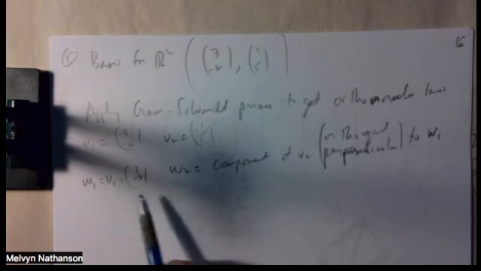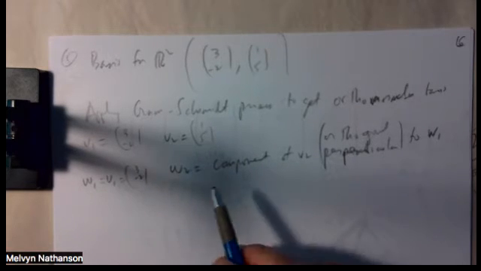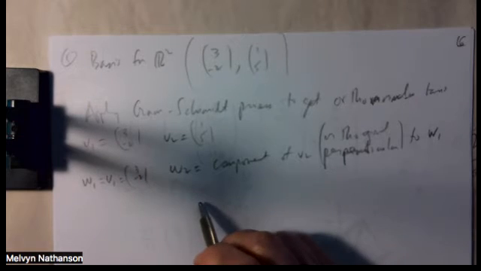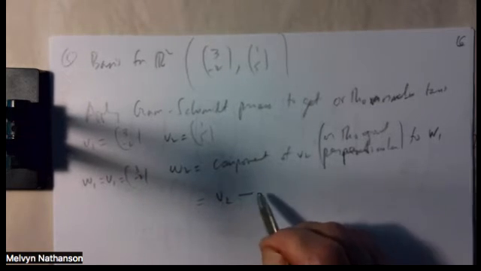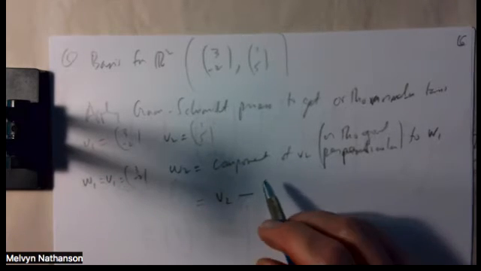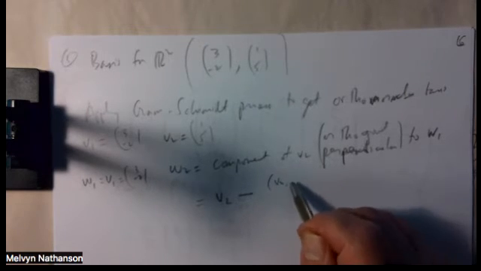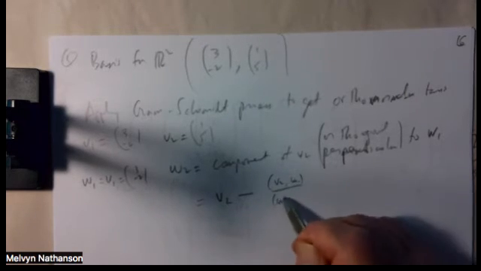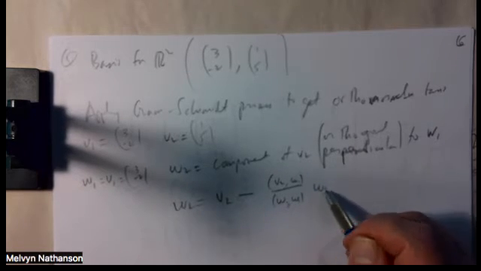It's the perpendicular component of V2 with respect to W1 or V1. So this is going to be equal to V2 minus the parallel component of V2 with respect to this vector. So that's the inner product of V2 and W1 divided by the length of W1 squared, times W1.